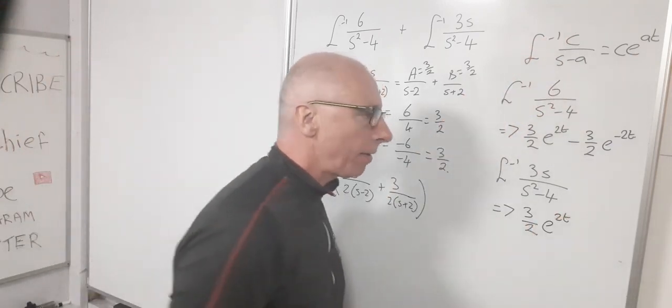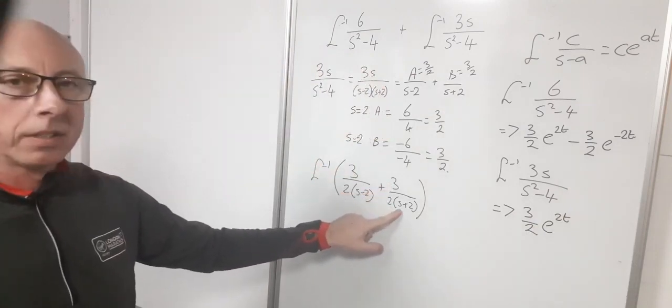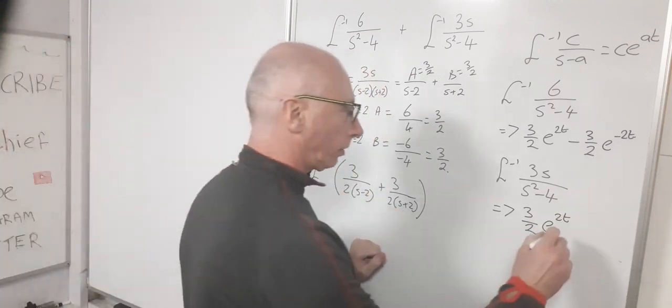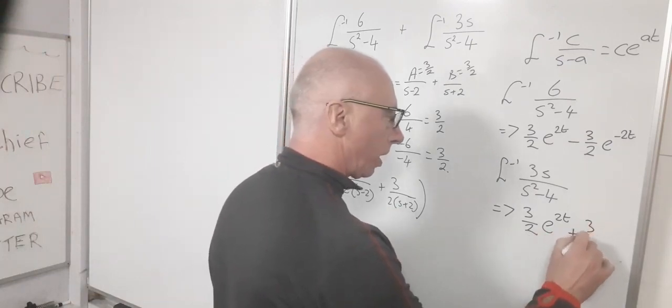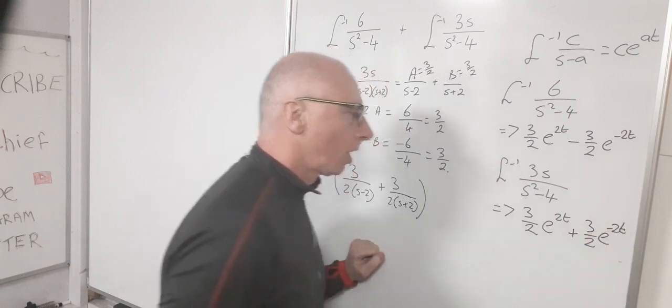So that takes care of that. And then this one, very similar, 3 over 2, e to the minus 2t. So plus 3 over 2, e to the minus 2t.